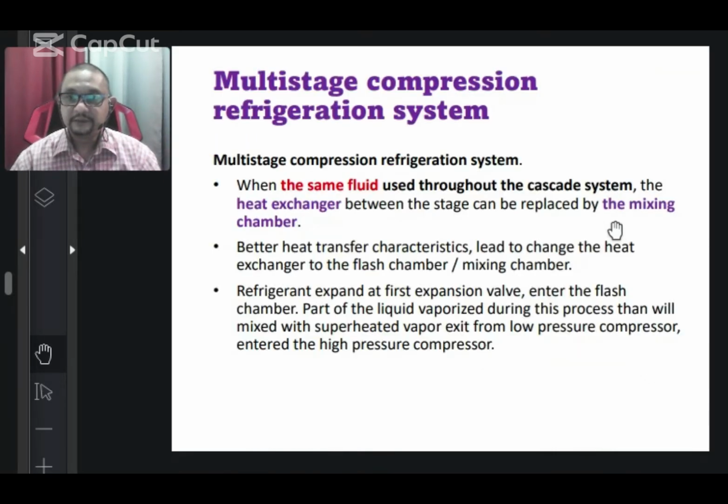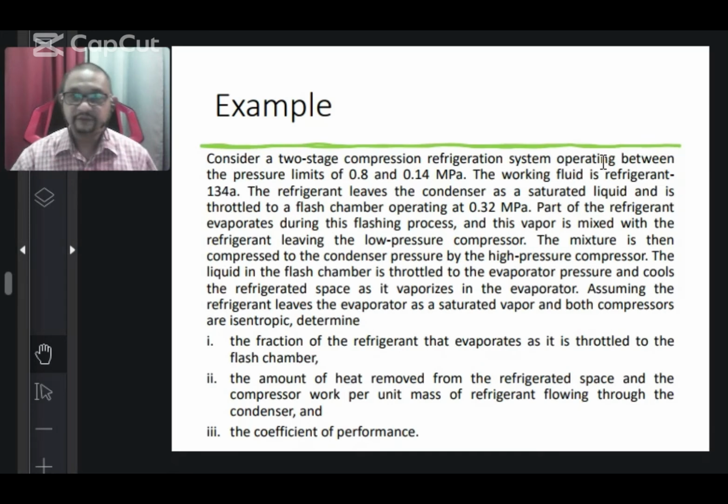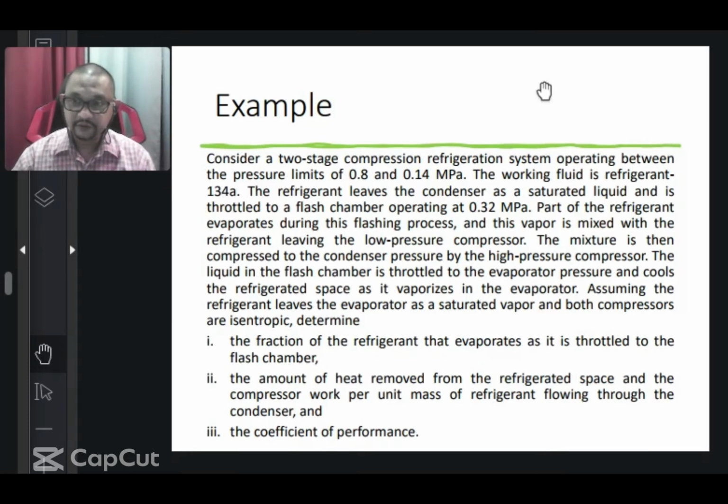Okay, let's look at an example of this case. Consider a two-stage compression refrigeration system operating between the pressure limits of 0.8 and 0.14 megapascal. The working fluid is refrigerant 134a.